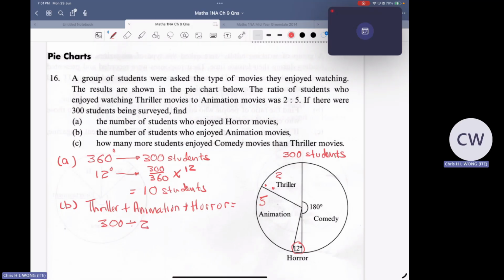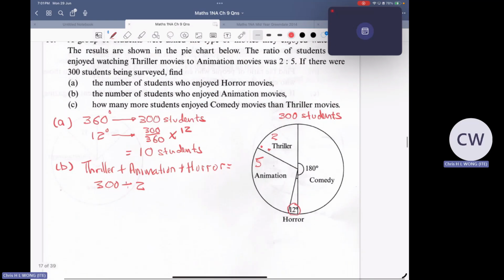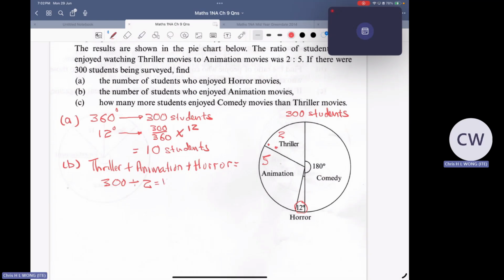Yes, because comedy is half of it, 180 is actually half, right? So 300 divided by 2 is 150. So you get 150 equals to the half. First of all, we must identify that this is actually half, 150 students.